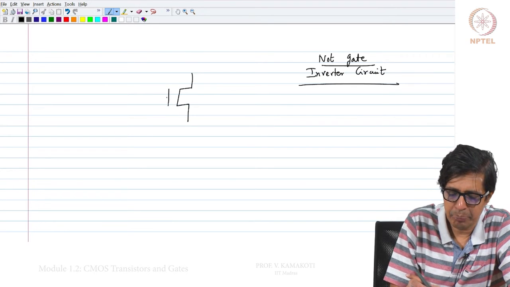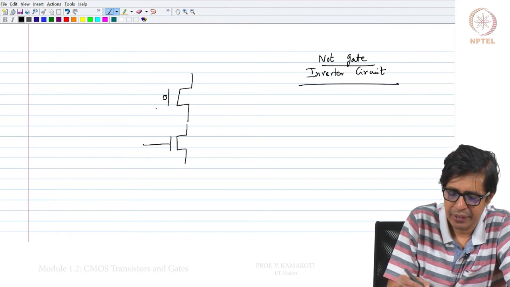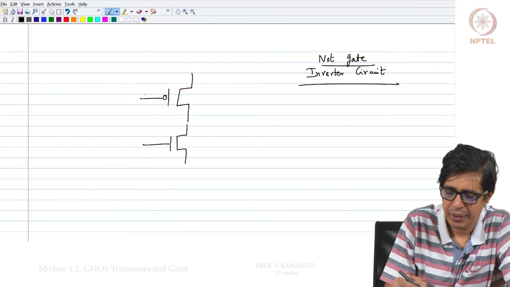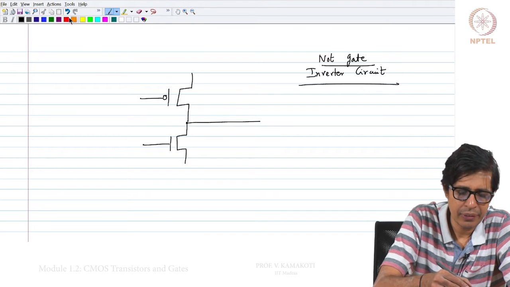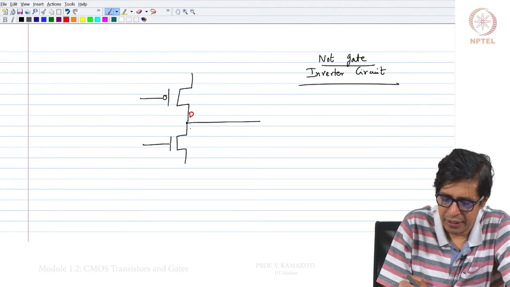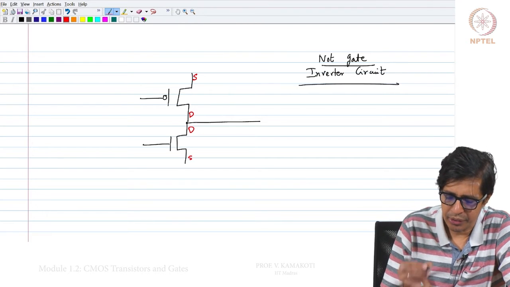I put a P transistor, I put an N transistor, and I connect them together. This is the drain, this is also the drain, this is the source, this is the source.